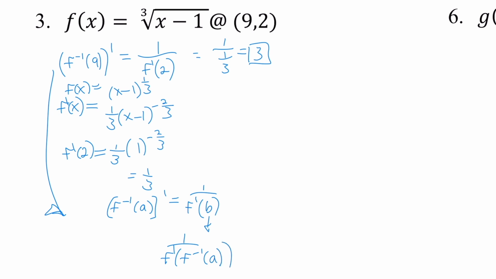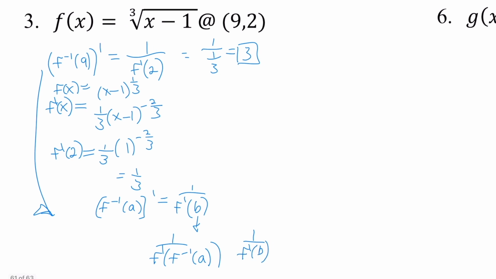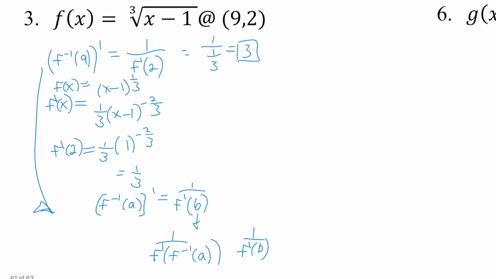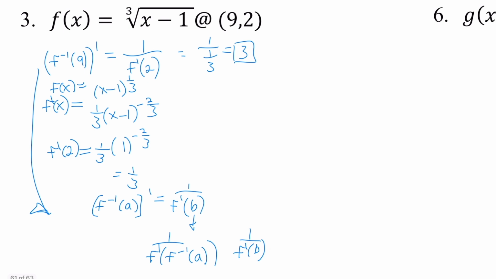And f inverse of a would obviously give us b. So that means that we're just going to have 1 over f prime of b. That's the principle of inverses, which is why we have a simple formula. It's just 1 over f prime of b. But then you might also be familiar with this form as well. If you simplify it, you get the equivalent form of 1 over f prime of b.